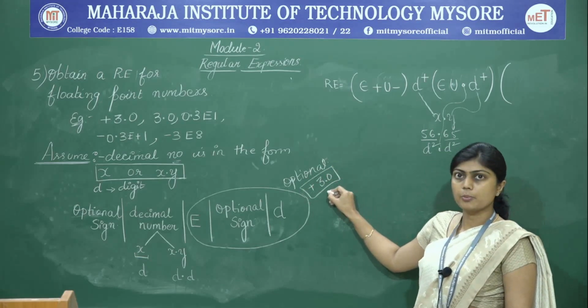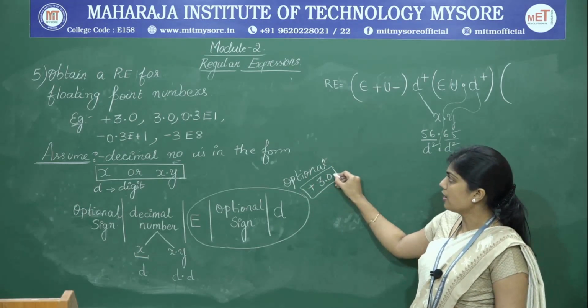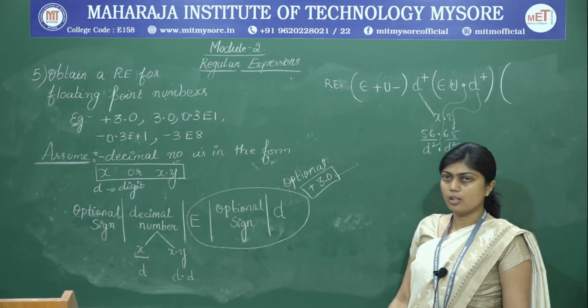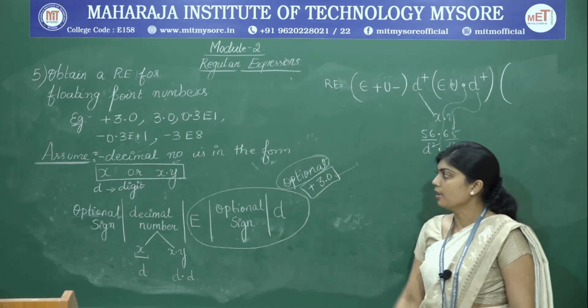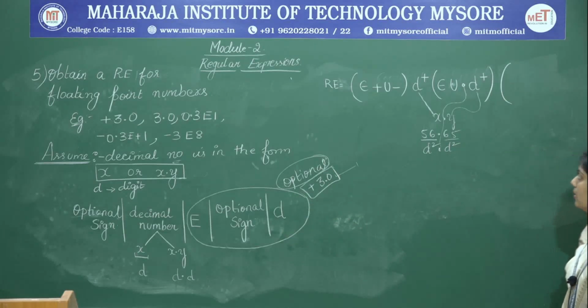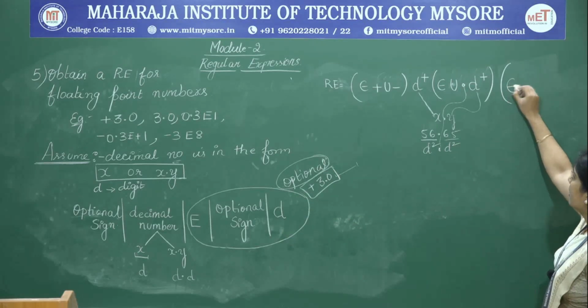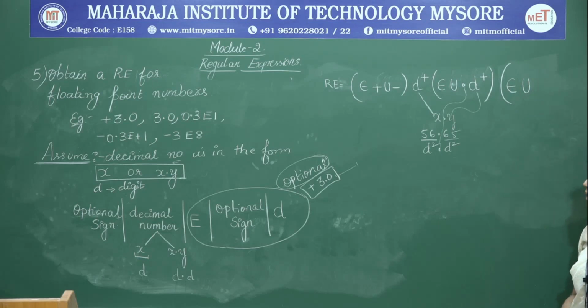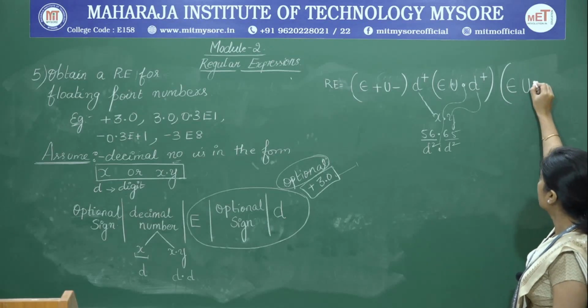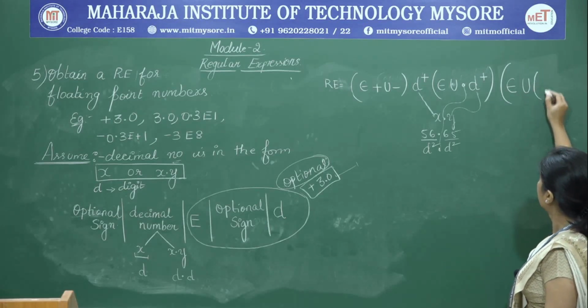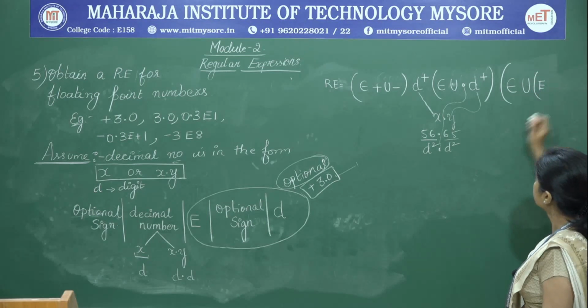When we look at plus 3.0, that means it does not have any exponent part at all. So this entire expression becomes an optional part in the floating point number. Therefore we start with epsilon union, because in case the entire part is not present, then there is no need to write anything here. So epsilon union followed by again E.